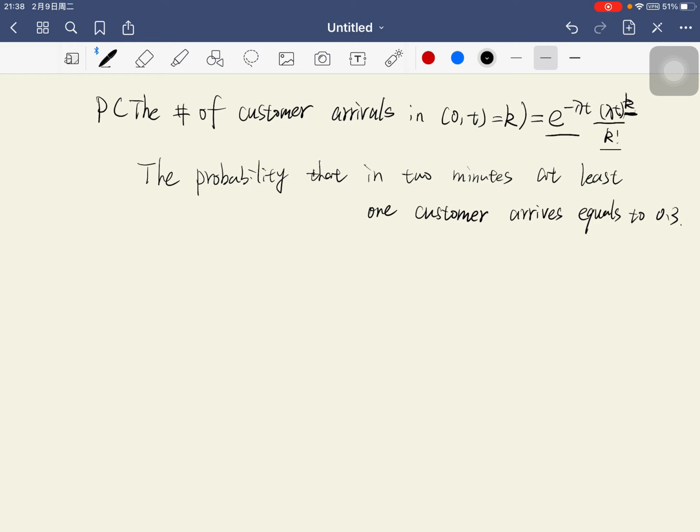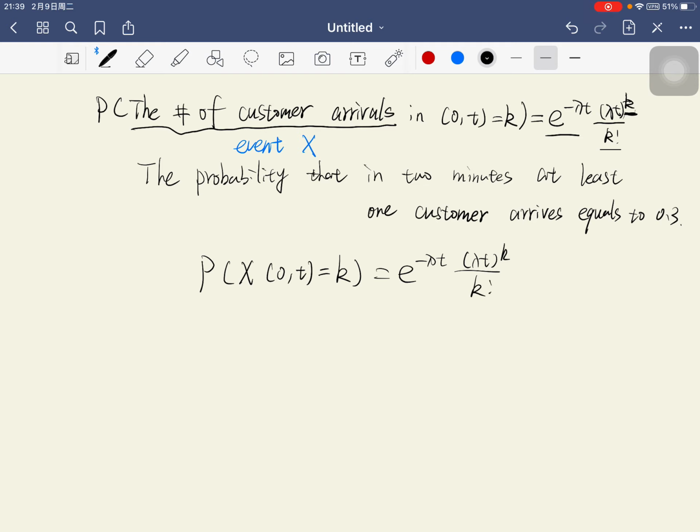And in this question, the probability that in 2 minutes at least one customer arrives is 0.3. So we could set the number of customers arriving as the event X, and write the probability of X in 0 to t minutes equals k as this function.